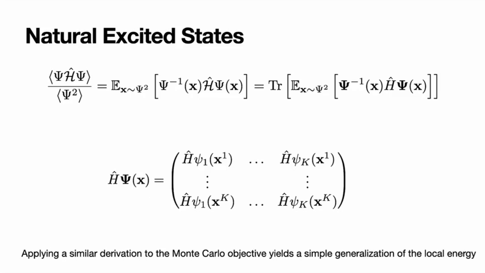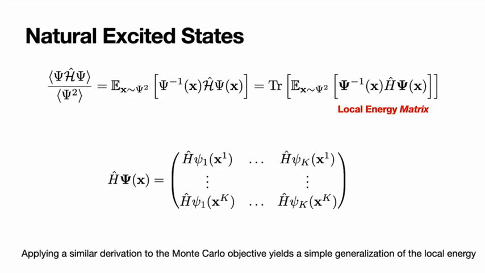The math works out very nicely, and again, you grind through a bit of linear algebra, and you recover this generalization of the local energy from a scalar to a matrix, where again, this capital psi is the matrix of all of the individual states by individual particle configurations, and h psi is just the Hamiltonian applied to the matrix, where you apply the single system Hamiltonian to each of these. And mathematically, it's almost the simplest thing you could do, just turning each of these scalar terms into matrices. And you might say this is almost too simple, like, how does it work?